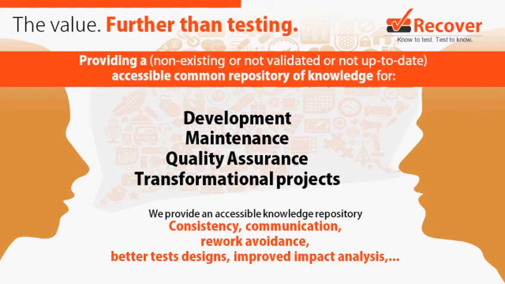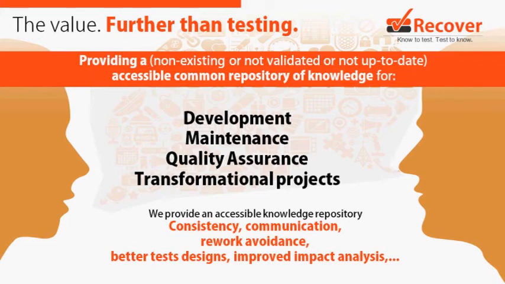But the value is also further than testing, because if we have a context in which we don't have a knowledge specification, and we work, for example, on maintenance or quality assurance of transformational projects, it's better to have some repository of knowledge in order to work better.